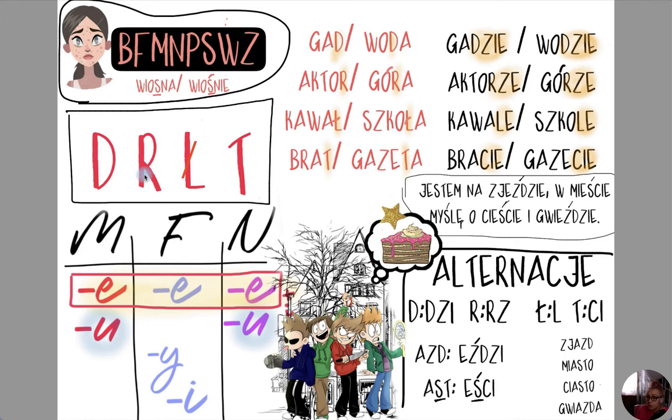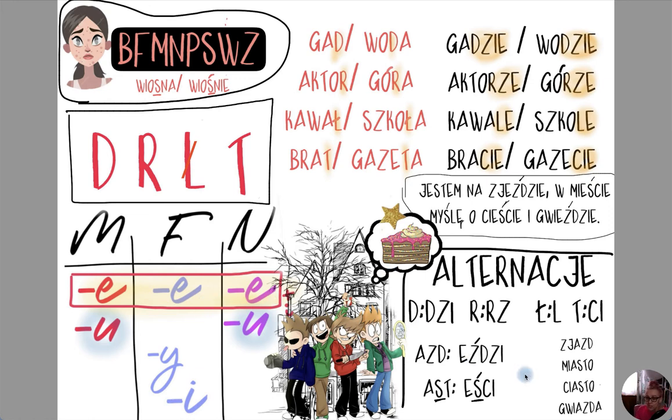Okay, let's look at the r letter. Entirely different situation. This time we won't have the i letter at all, so we won't soften it in any way, but we will have the z letter, so the r gets z, and obviously the ending for locative in that case, e.